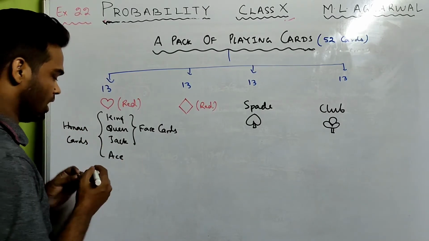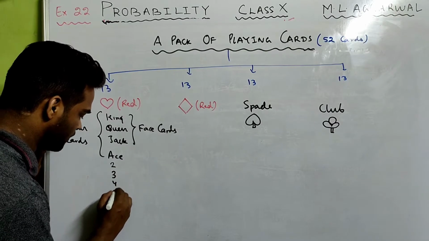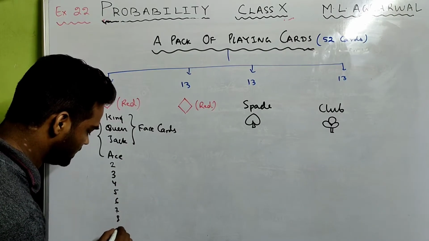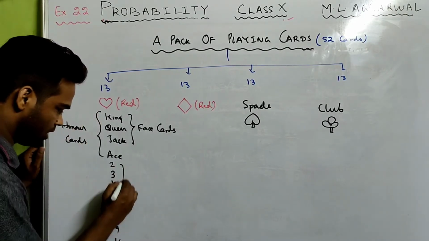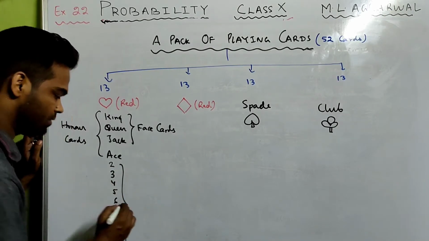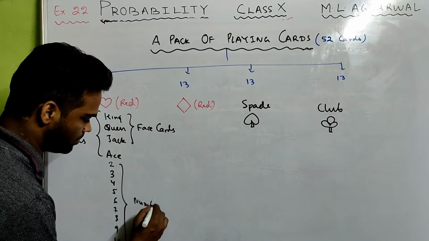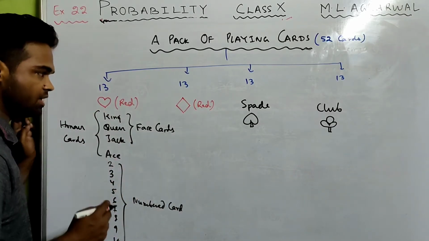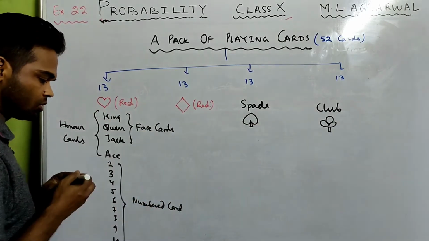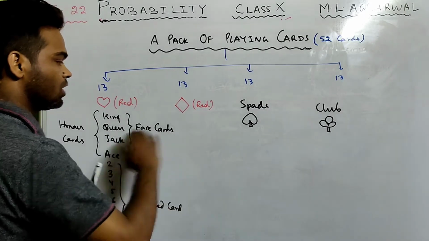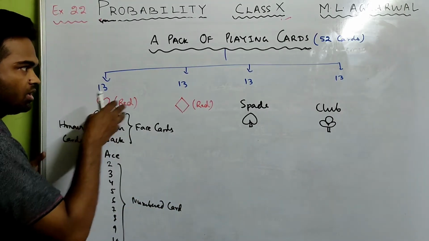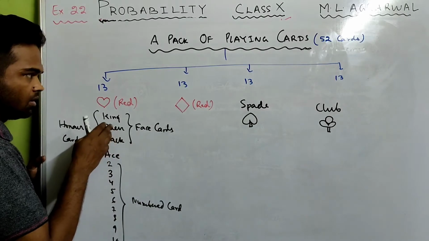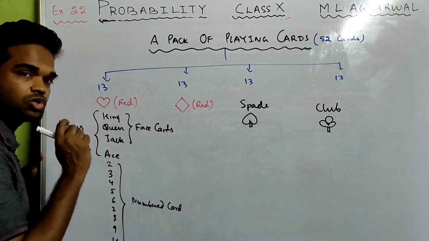Then you have numbered cards, 2, 3, 4, 5, 6, 7, 8, 9, 10. So there are 9 numbered cards. There's 1 ace and 3 face cards in all. The total number of face cards is 3 in each suit, so 4 threes are 12 face cards.